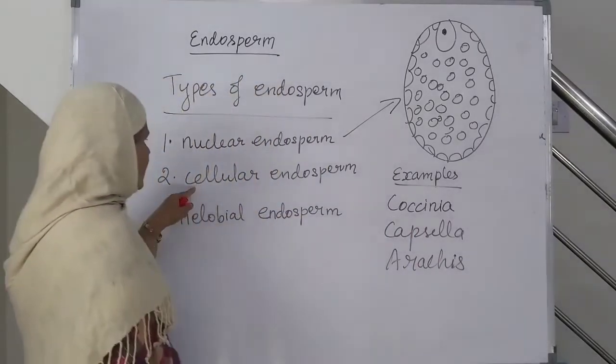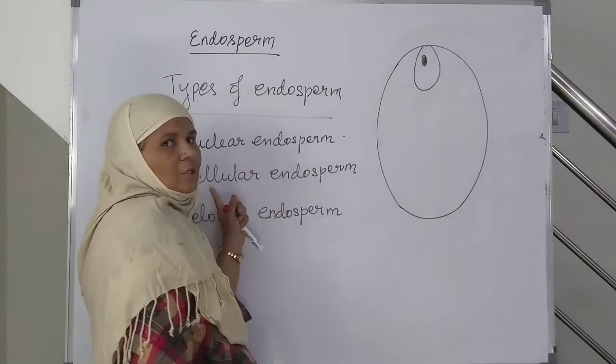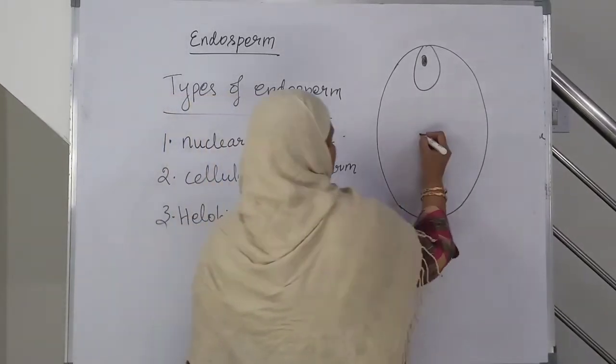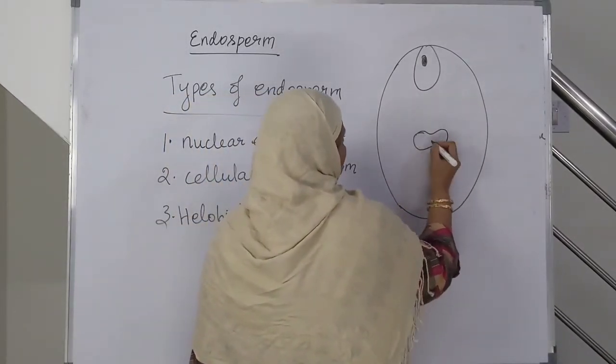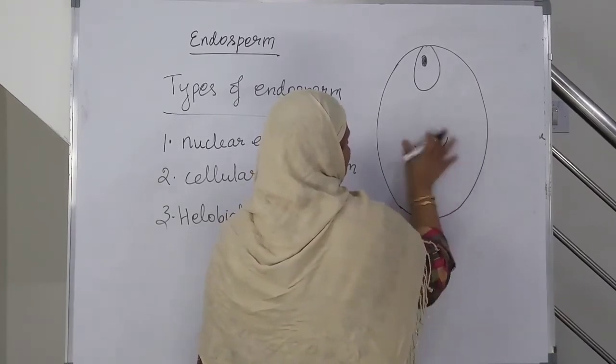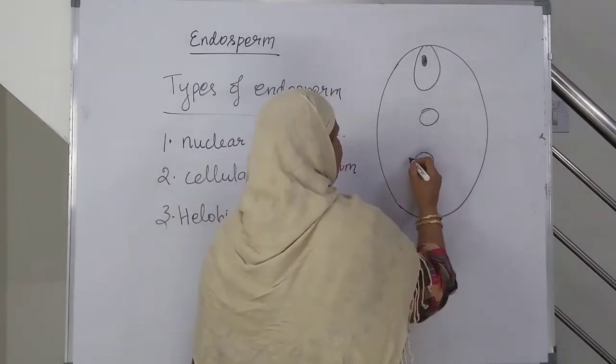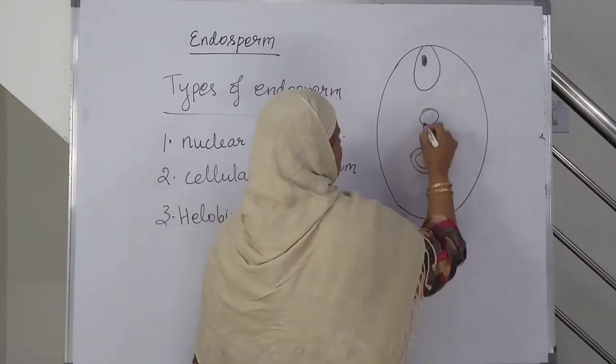Now we are going to see the cellular endosperm. In the cellular endosperm, the PEN, primary endosperm nucleus, starts to divide and divides into two nuclei. Immediately the wall formation occurs.